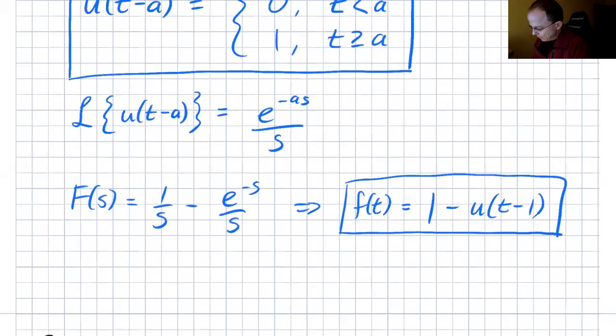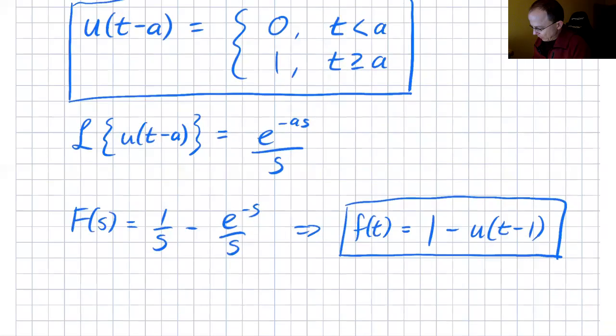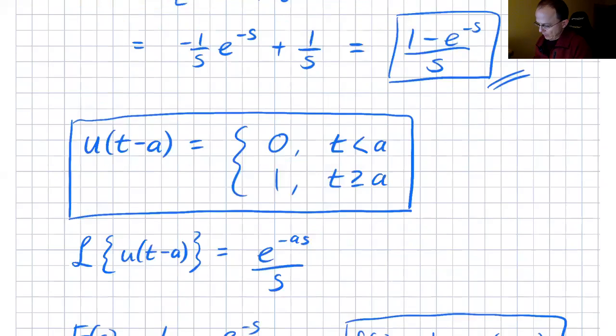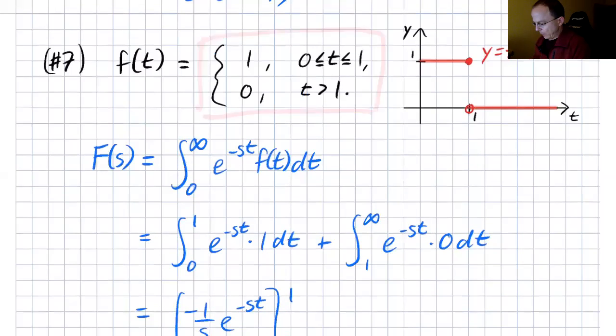So when t is between 0 and 1, then this term here will be 0, so we'll just get 1. And when t is greater than or equal to 1, then this term will become 1. So you get 1 minus 1, which is 0. So you get exactly this from that.